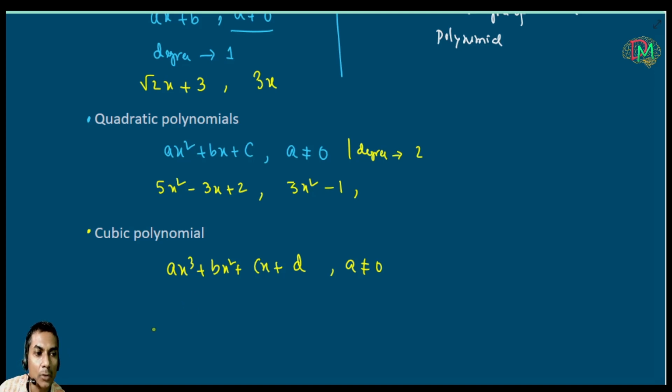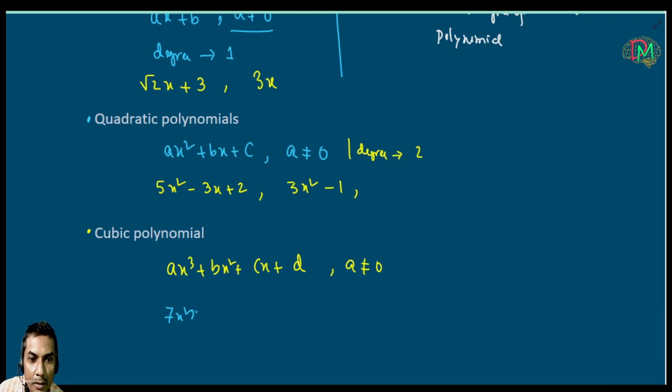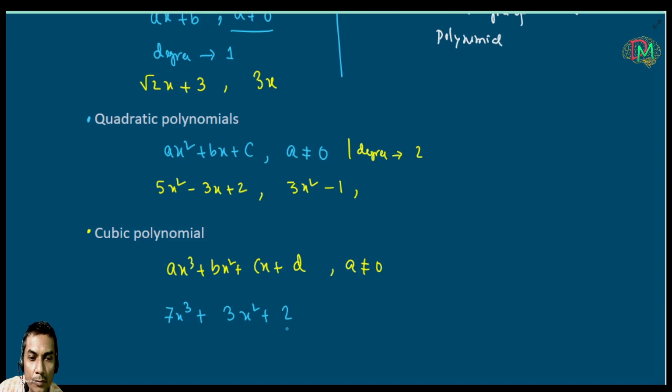Okay, so let's take an example, that is 7x cube plus 3x square plus 2.